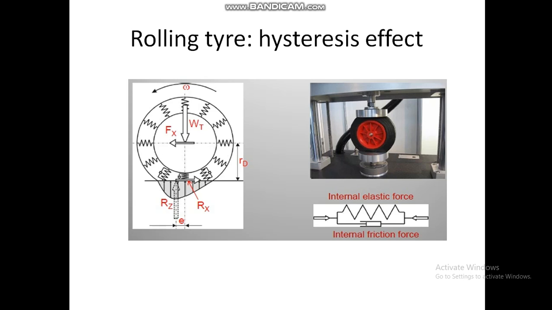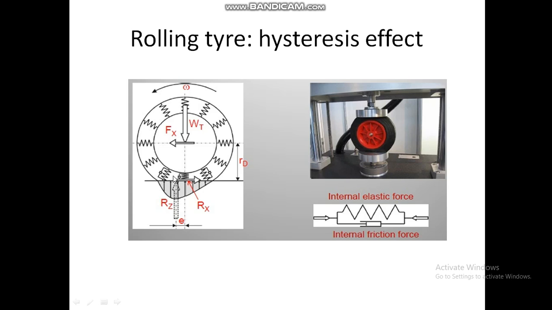Rolling tire, high stress effect. Every action requires a reaction. This is the tire, and Wt is the force, Fx is the traction force, and Rx is the maximum reaction force due to the earth surface.